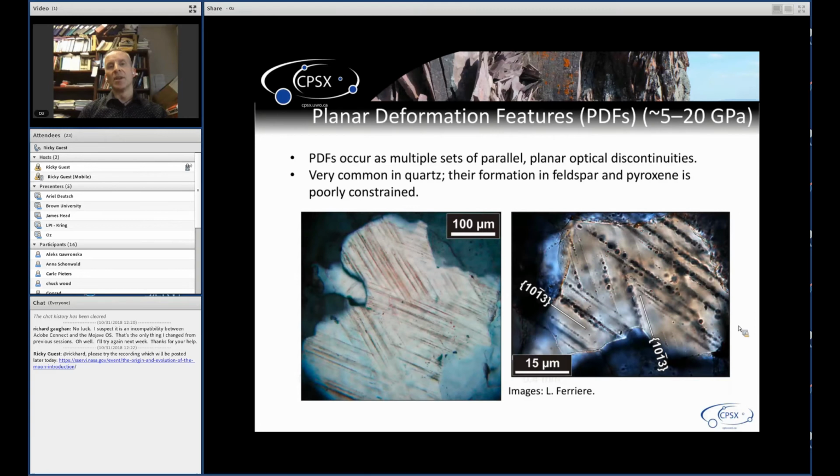And so there's definitely room here for considerably more work. PDFs is a good example where if you look in the literature, people talk about planar deformation features in feldspar, but they typically don't say whether that's plagioclase or alkali feldspar. And we've done studies where we've come up with not a single PDF in plagioclase. And so this is definitely a topic that deserves some further attention.